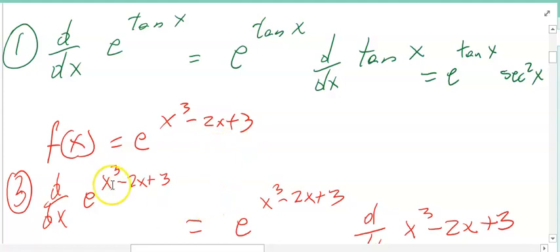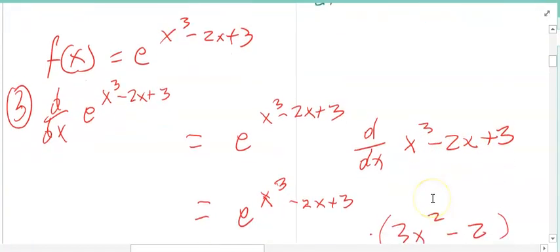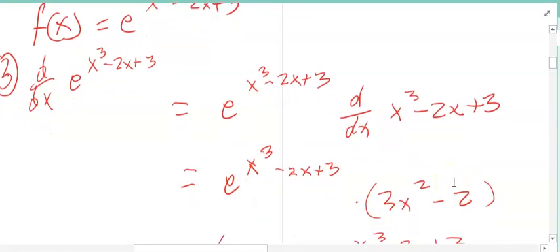So remember, the derivative of e to the x cubed minus 2x plus 3 equals e to whatever the function is times the derivative of the function. So that is e to the x cubed minus 2x plus 3 times the derivative of x cubed minus 2x plus 3. And so that would be equal to e to the x cubed minus 2x plus 3 times 3x squared minus 2.